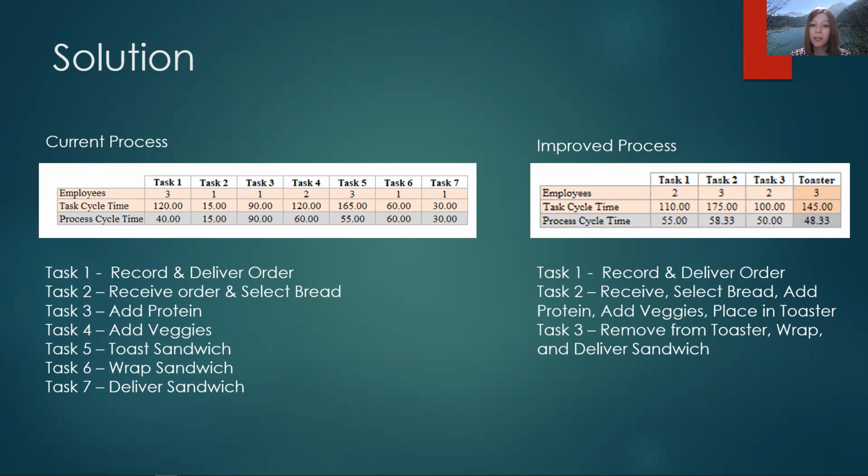By breaking up that toaster step, we have been able to remove that 145 seconds of wasted employee time. Then we've added removing the toaster to task 3, where they remove it, wrap, and deliver the sandwich. This has allowed us to go from 12 employees down to 7 employees, meeting the same demand and actually meeting our takt time.